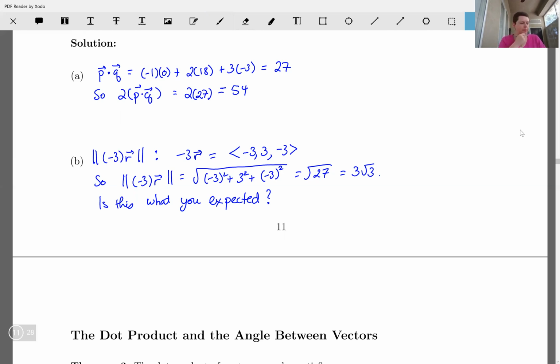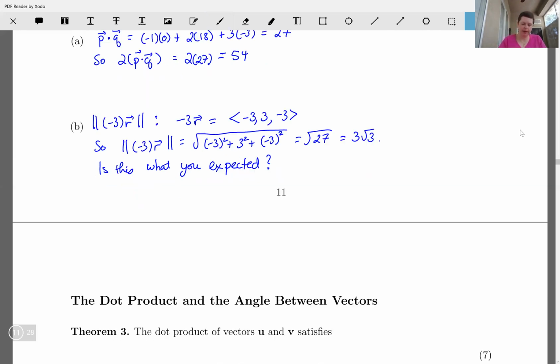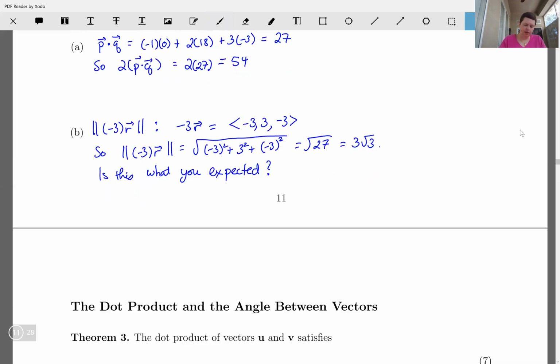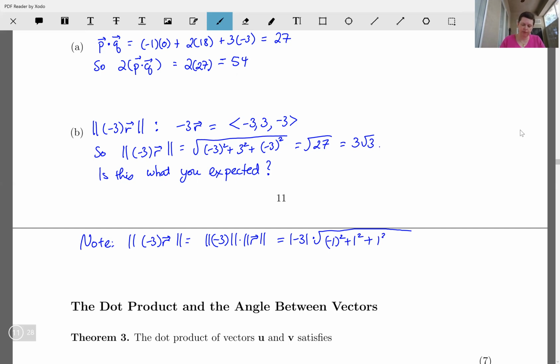Another way to think about this, now I'm drawing a blank if we actually cover it, is to think about the magnitude of -3 times r as the magnitude of the scalar times the magnitude of the vector. Well, the magnitude of the scalar is just its absolute value, and the magnitude of the vector is going to be the square root of -1 squared plus 1 squared plus 1 squared, which gives me 3 square root of 3. So it's another way to get the answer.